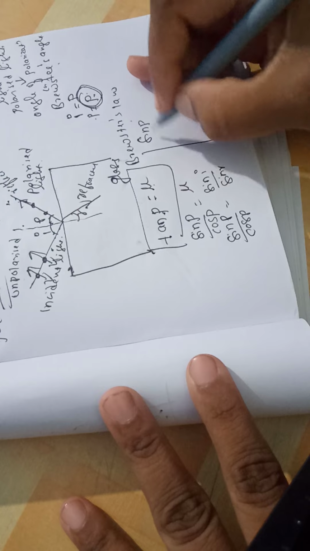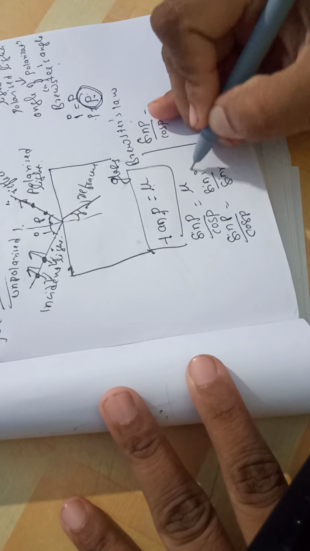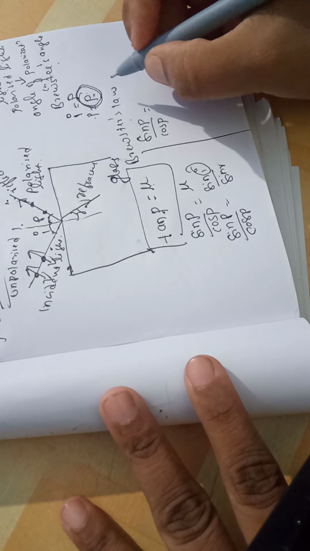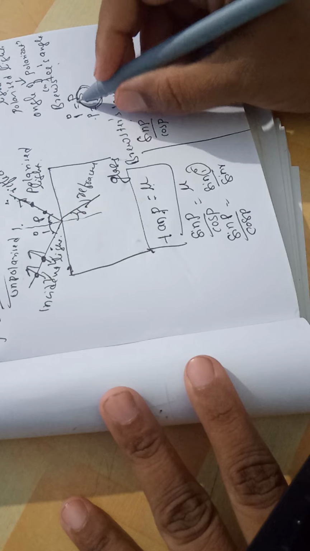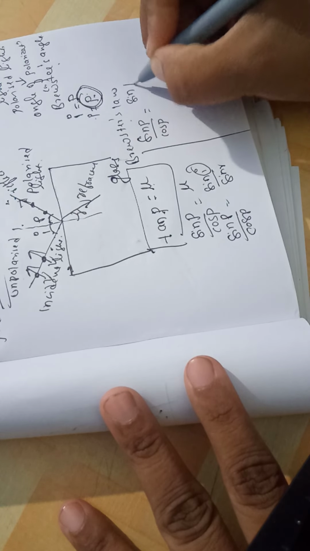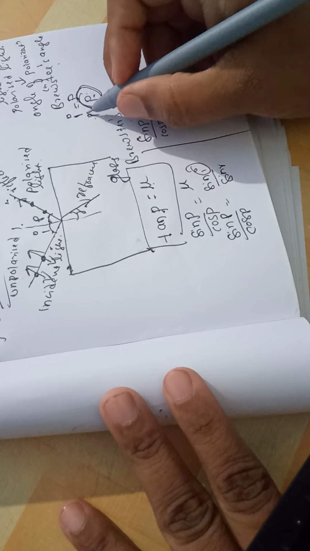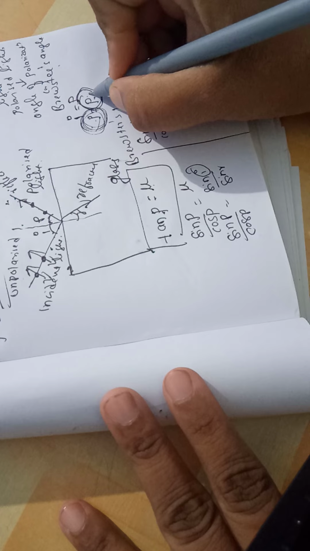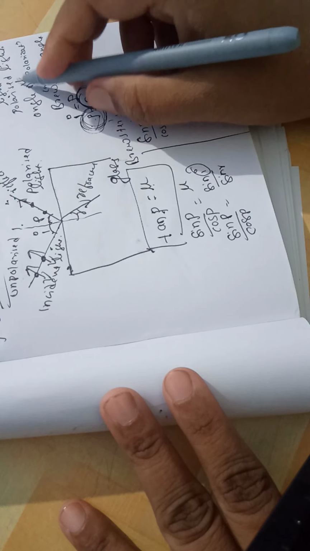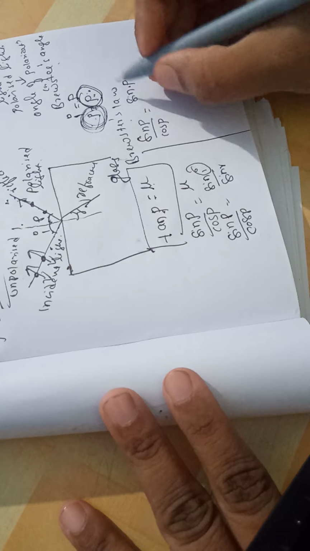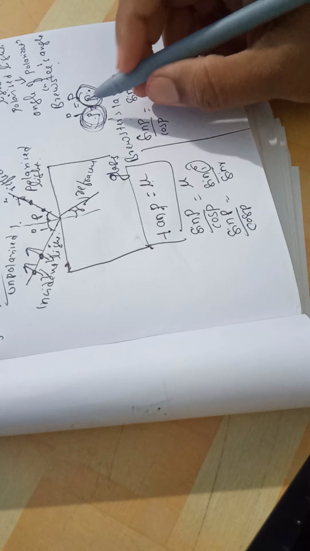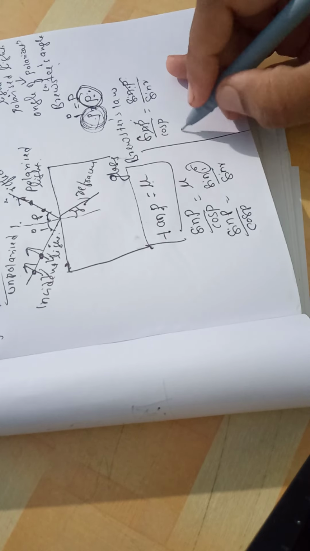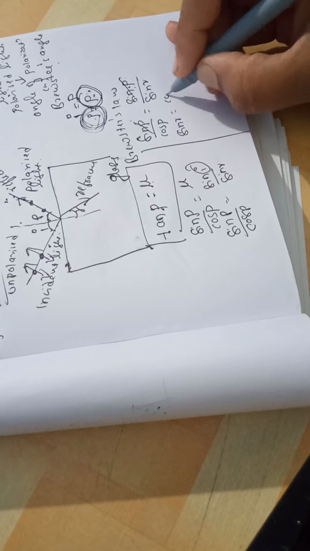Now sin P by cos P equals sin I by sin R, and as per Brewster's theory I can substitute the angle of polarization P in place of I, because at that particular angle of incidence the total reflected light has converted into polarized light. So sin P strikes off, and sin R is equal to cos P.